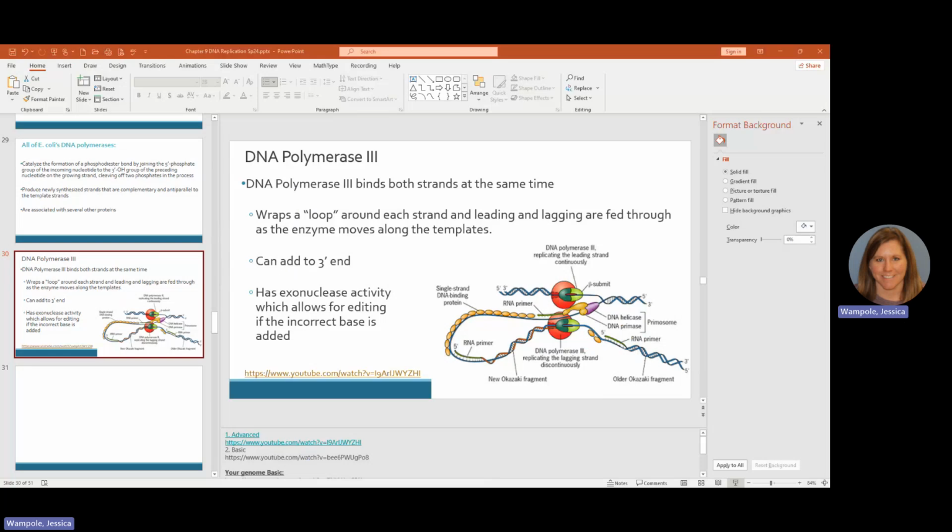I'm not going to draw them, but we have single-stranded binding proteins on our molecule to help keep that open. And then up ahead, I'm going to draw it way out here, we've got DNA gyrase that is moving ahead of the helicase to make sure that we're undoing the twisting that's happening on our molecule.